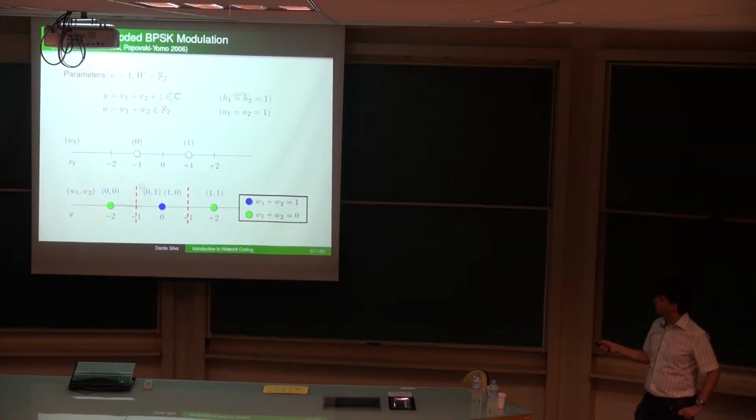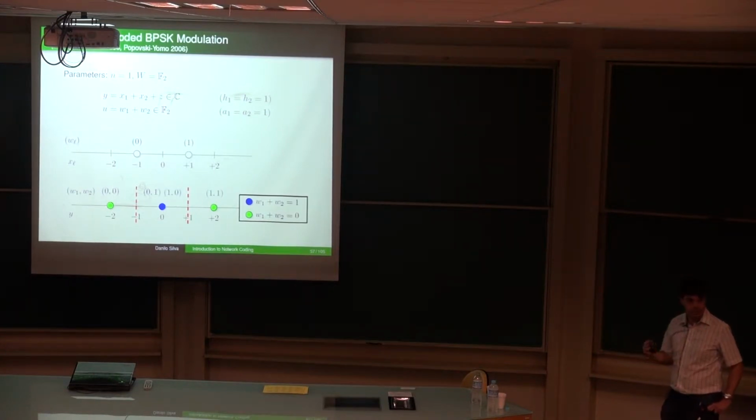Suppose that the channel coefficients are just 1, so we just have addition. What we'll see at the relay is this constellation here, where we have ambiguity in case we receive this blue point here, even in the absence of noise.